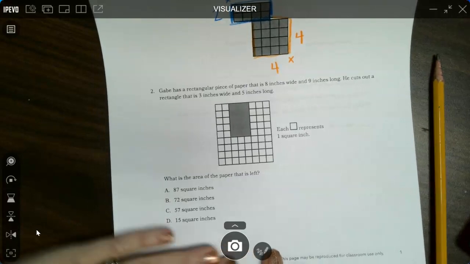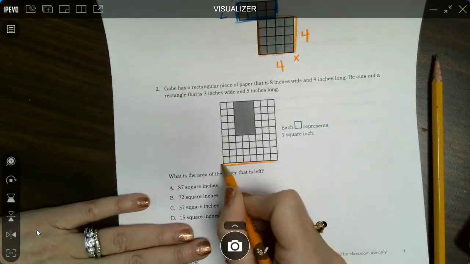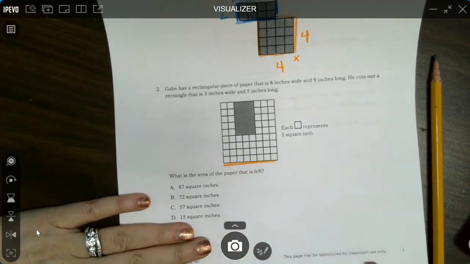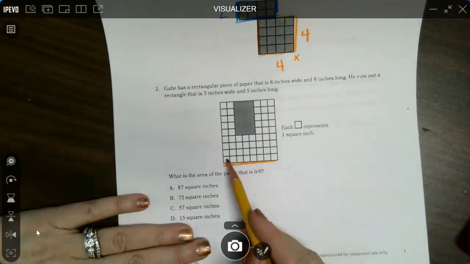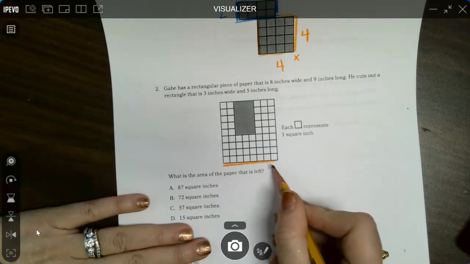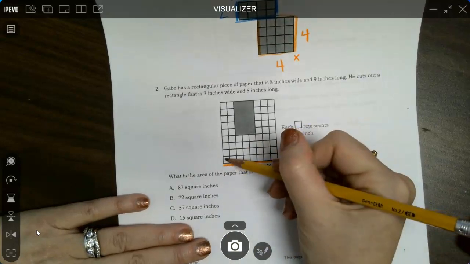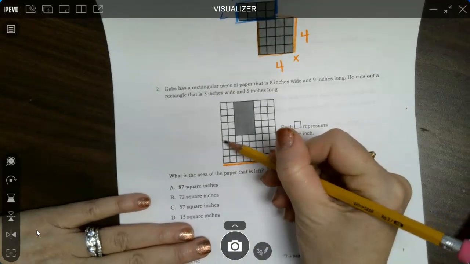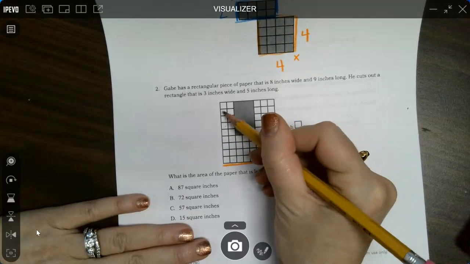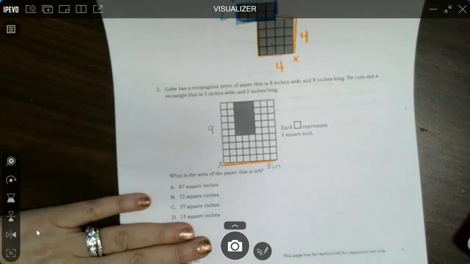So if I look here at the bottom, I see that this length is the 8 they're referring to. 1, 2, 3, 4, 5, 6, 7, 8. So I have a side that's 8 inches. And then I have a side that is 9 inches. 1, 2, 3, 4, 5, 6, 7, 8, 9. So I have a 9 by 8 rectangle, or 8 by 9 rectangle.